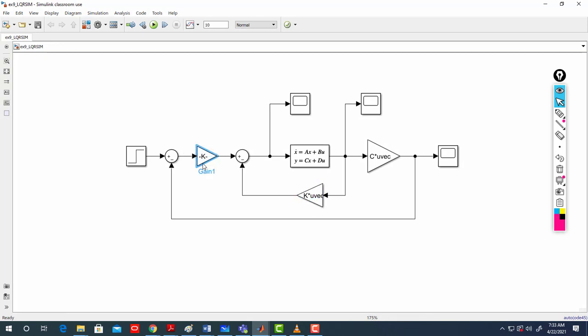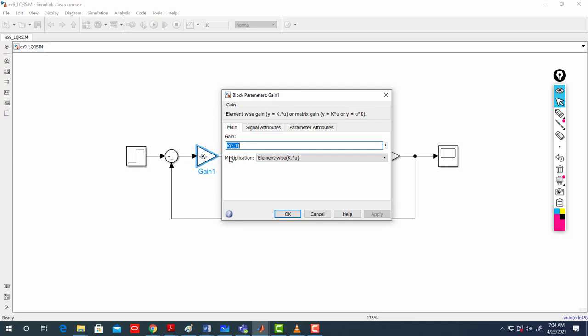Look at this K1. I can write it like this, or I can put the value of it directly. I wish to write it this way because it's defined in my workspace. So I make it this way, only one.